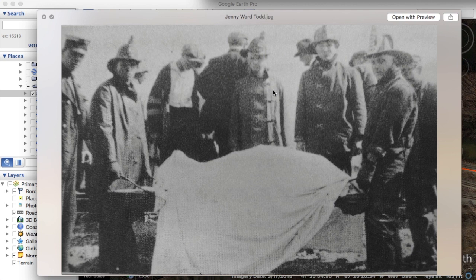I'm not an expert on the Hagenbeck-Wallace Circus by any stretch of the imagination, so I'm not even going to be speculating about what her role was or what happened to her. But obviously, if this is her, she is dead. And the morbid looks on those firemen's faces, just look at them. They don't look like they're happy to be there at all.